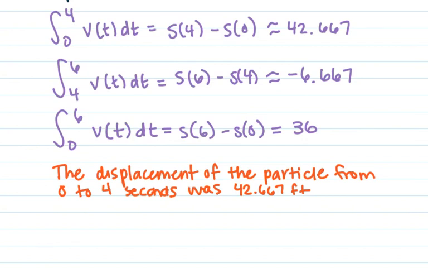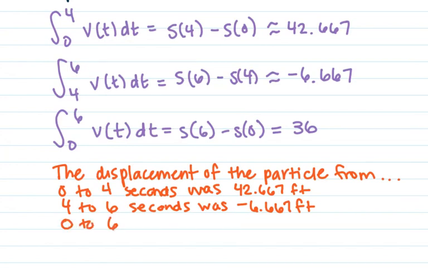It's the same sentence over and over again, so I'm going to say 4 to 6 seconds was negative 6.667 feet. And then 0 to 6 seconds was 36 feet altogether.